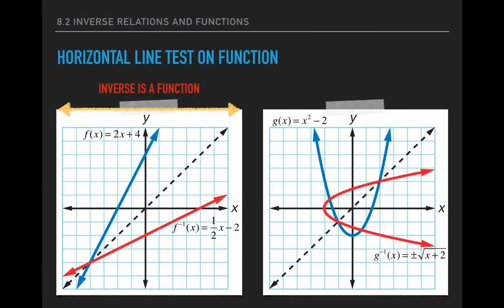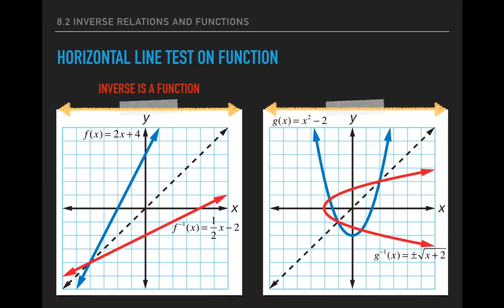Let me contrast that with the g function from our previous example. If you take a look at your g function, it is a parabola. And parabolas are functions. But look at that inverse. It is not a function. And you would know that just by running this horizontal line across that blue graph. Do you see how it's touching two places right now?